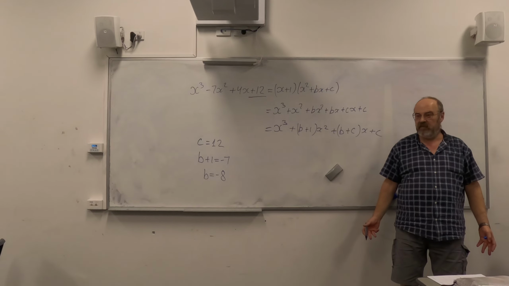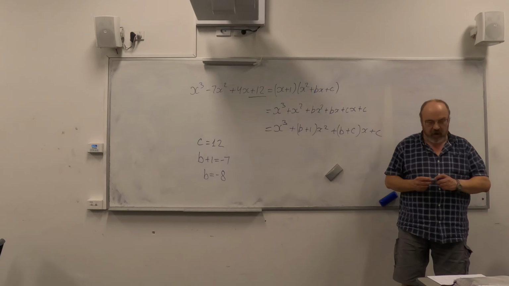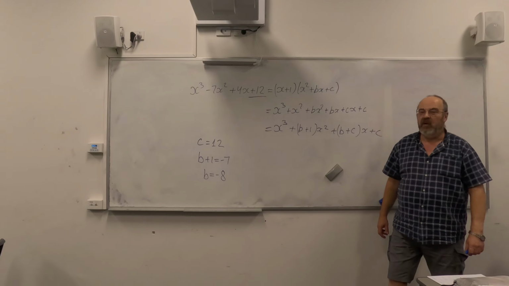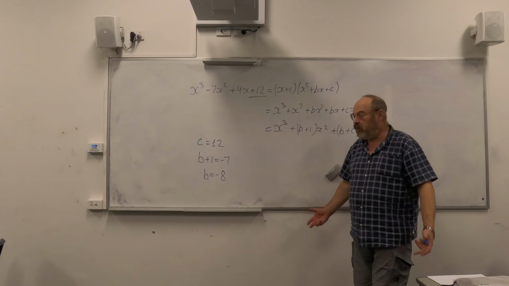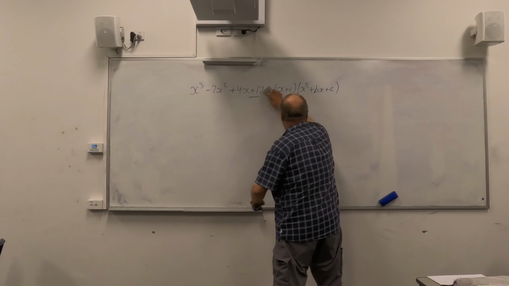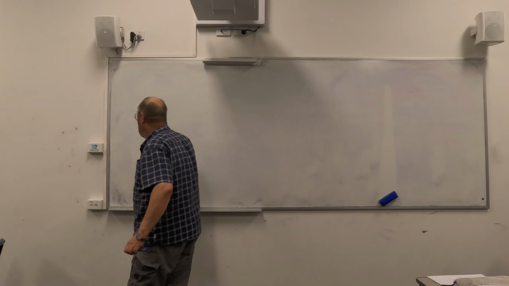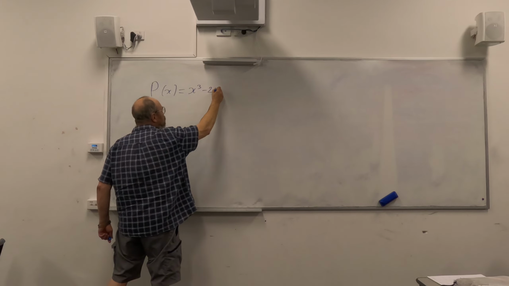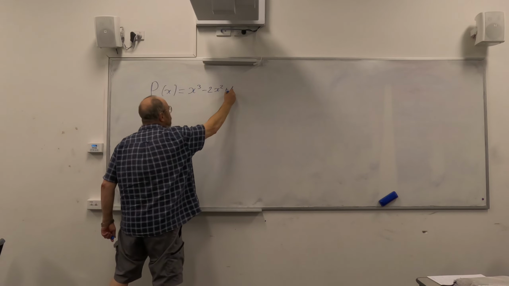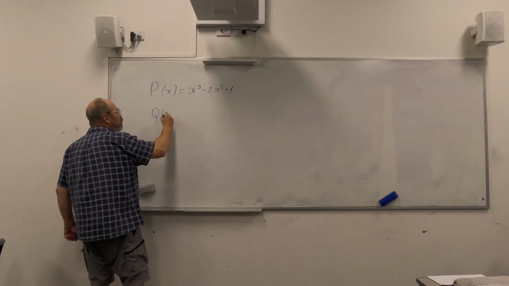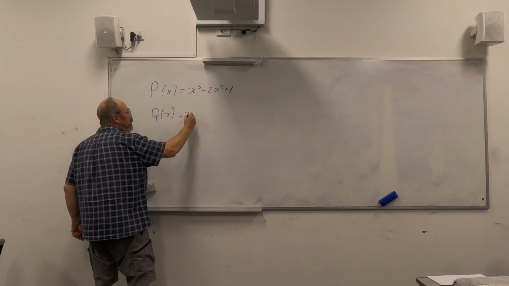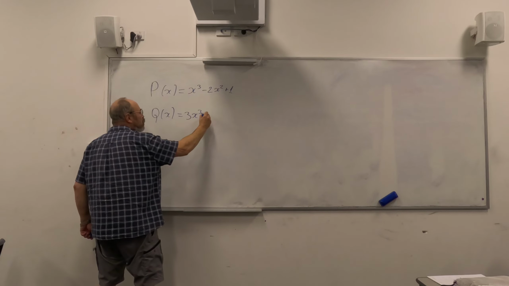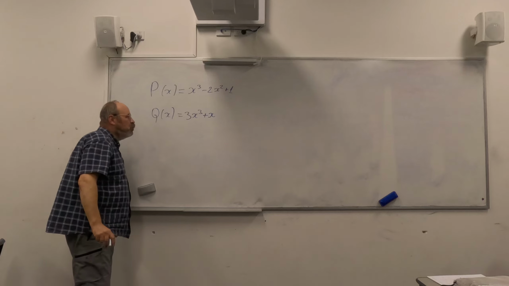Make sense? Now, operations with polynomials. We can add, subtract, multiply polynomials, which is pretty basic stuff. Let's say we have polynomial p of x equals x cubed minus 2x squared plus 1, and we have q of x equals 3x cubed plus x.